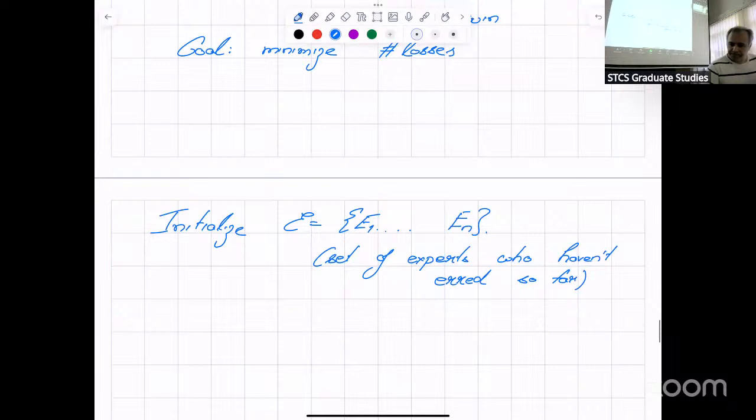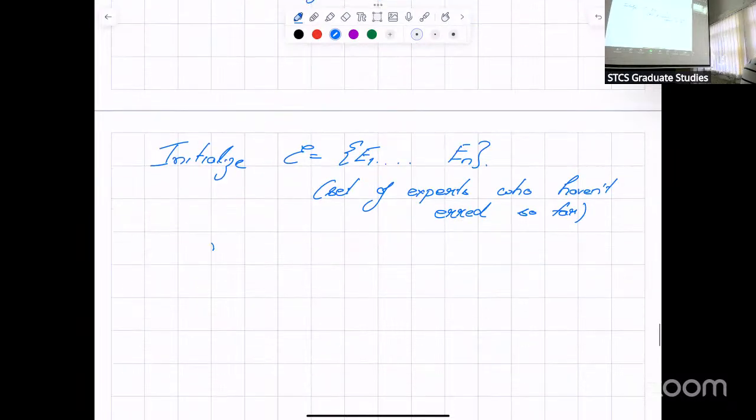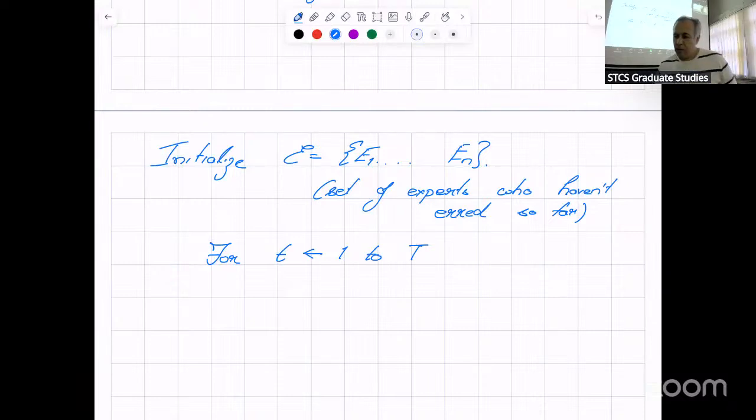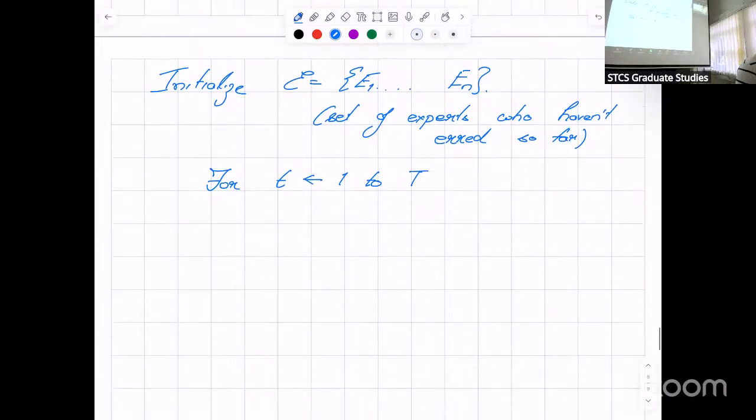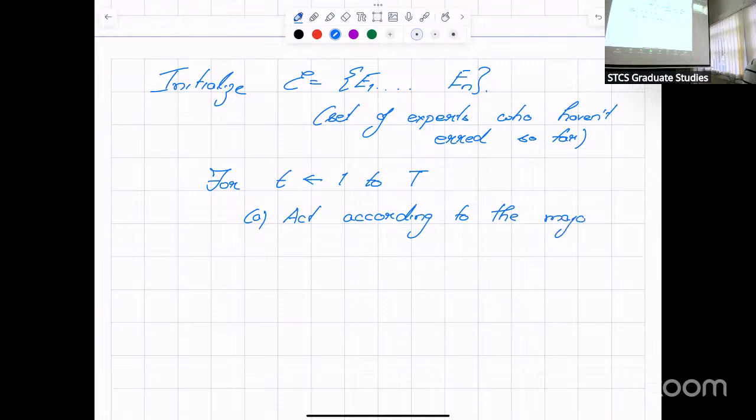That is the initial step. Now for each time step, that is for t going from 1 to capital T, where capital T is the number of days or the number of steps, act according to the majority of the experts' opinion.